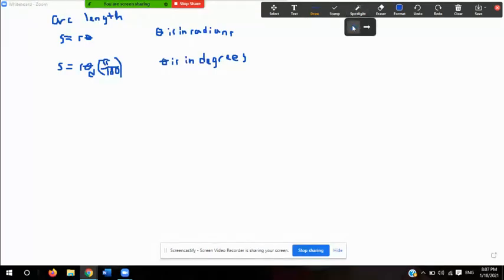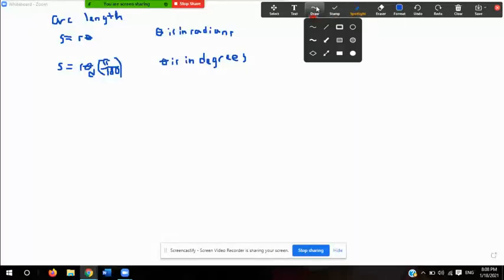When theta is given in degrees, S equals the radius times the angle times pi over 180.